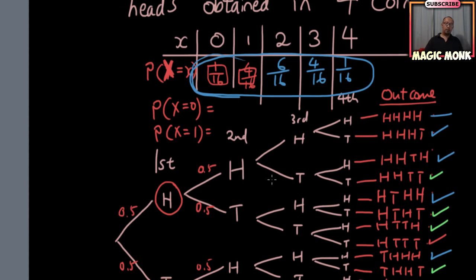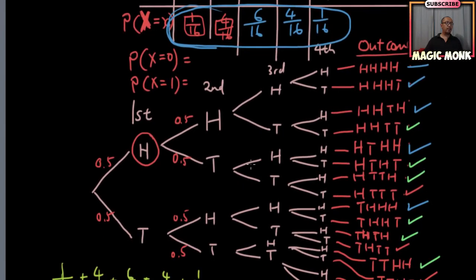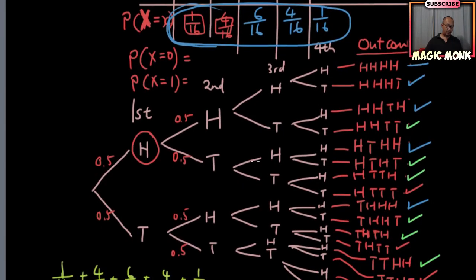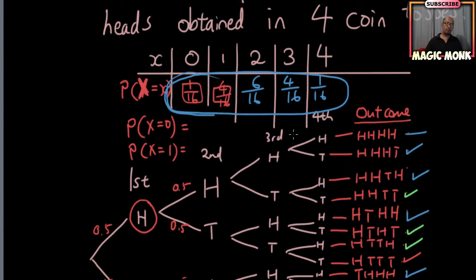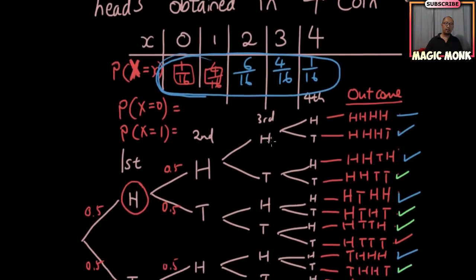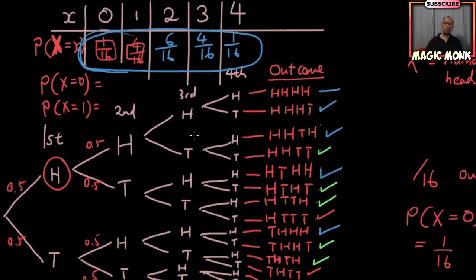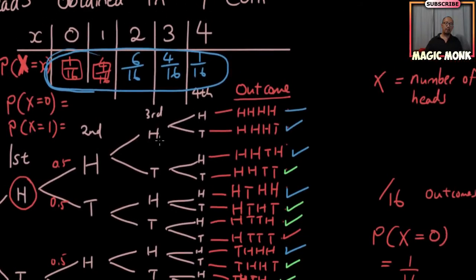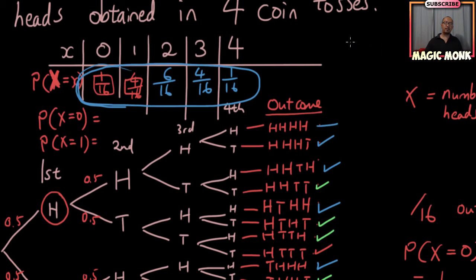So the problem is it's taken a very long time for me to get these numbers. Isn't it? Takes me super long. So how would I get these numbers really quick? Okay, for example, if we change X to number of tails, will this be the same? Will these numbers be the same?